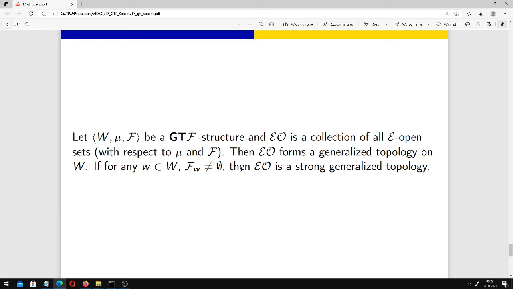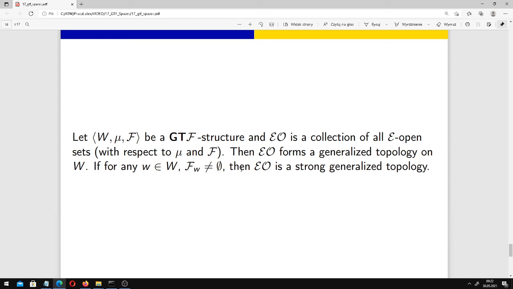So if we have a certain generalized topology mu, then using F, we may find EO as a strong generalized topology on this universe W. And many other properties have been proved and discussed in our paper.